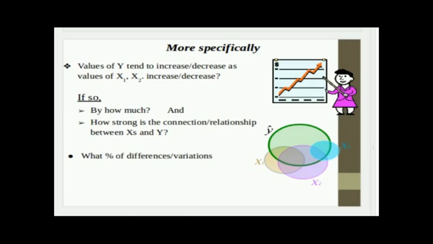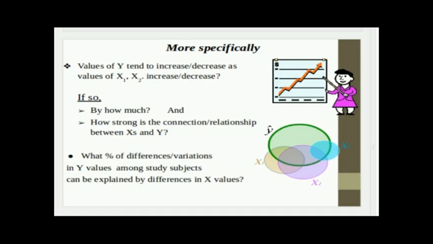What percentage of the difference or variation in y values, for example income, among study subjects can be explained by differences in x values? For example, years of education, years of experience.